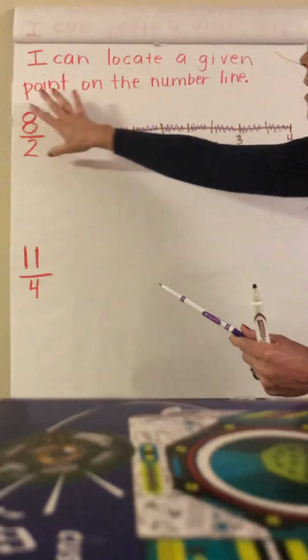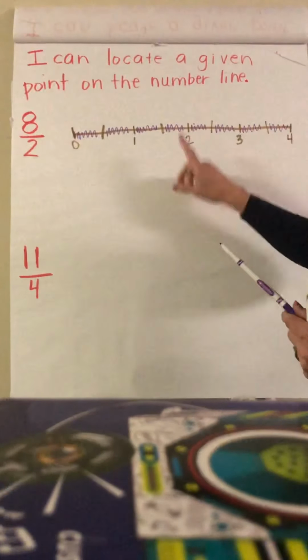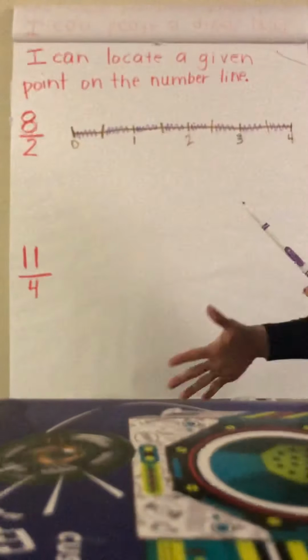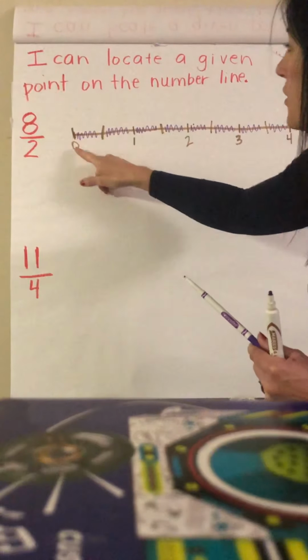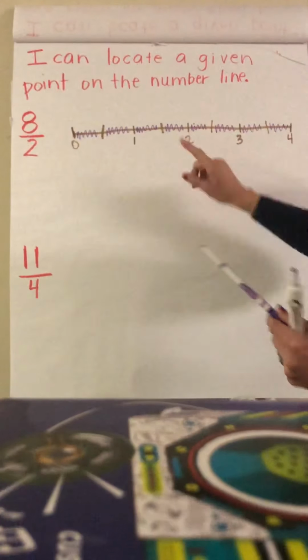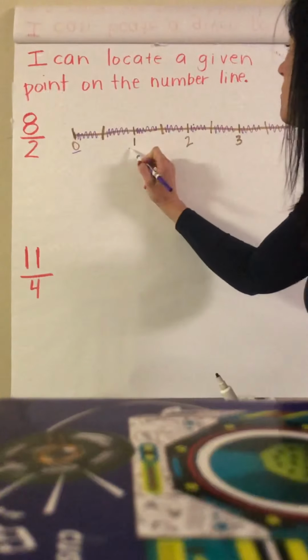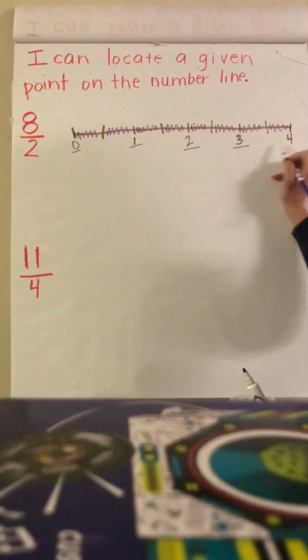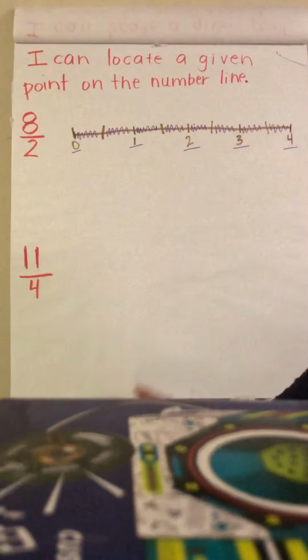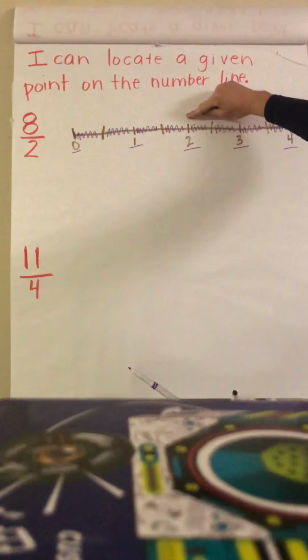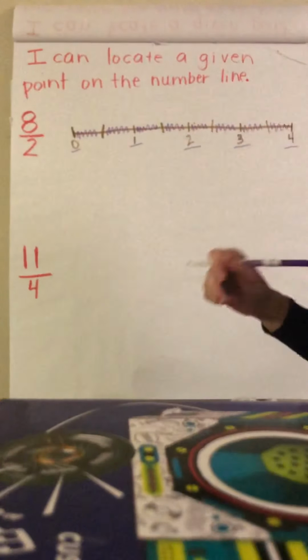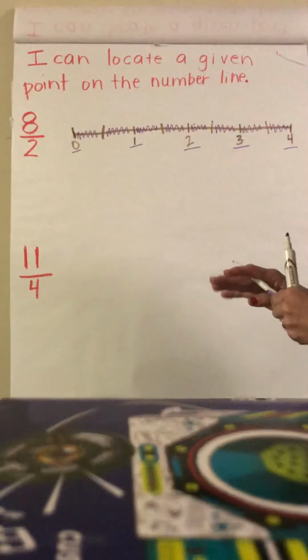Well, let's first put my fractions on the number line, but I want you to pay really close attention to what fractions are falling at these whole numbers right here. So I'm talking about the 0, the 1, the 2, the 3, the 4. I want you to pay really close attention to what fractions I'm putting here and then what relationship you think they have in order with one another.